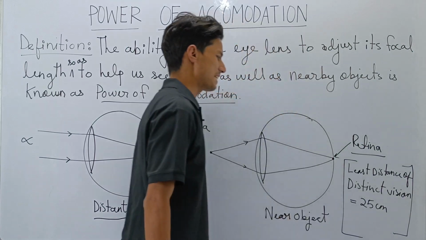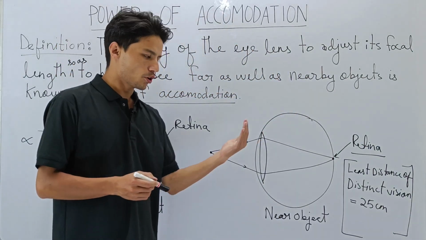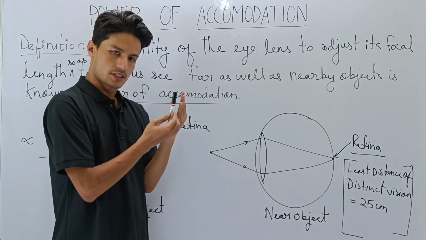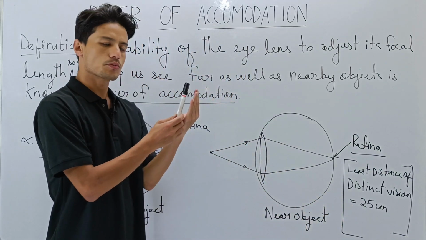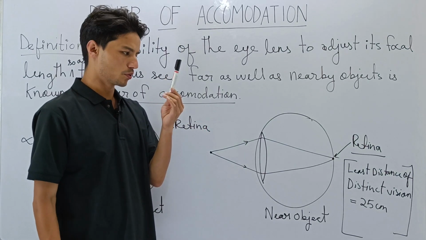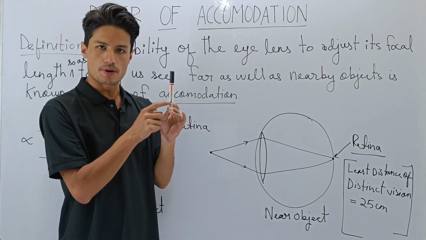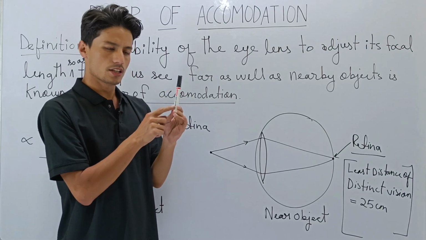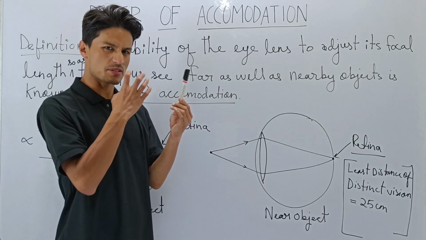So this is the least distance of distinct vision, meaning an object kept closer than this length, less than 25 centimeters. Say you are keeping an object at 10 centimeters. 10 centimeters is very close to my eye. So I have problem seeing the inscription on this marker. It's written Luxor, but I have difficulty seeing that. It strains my eye.